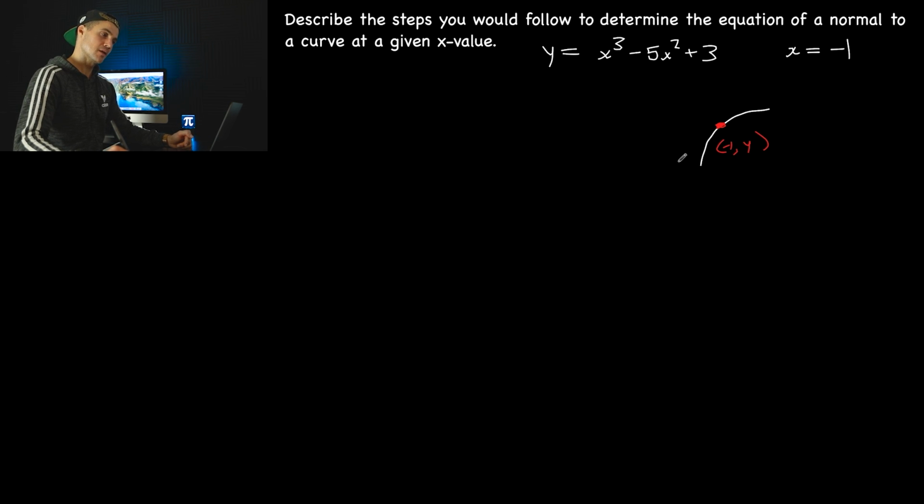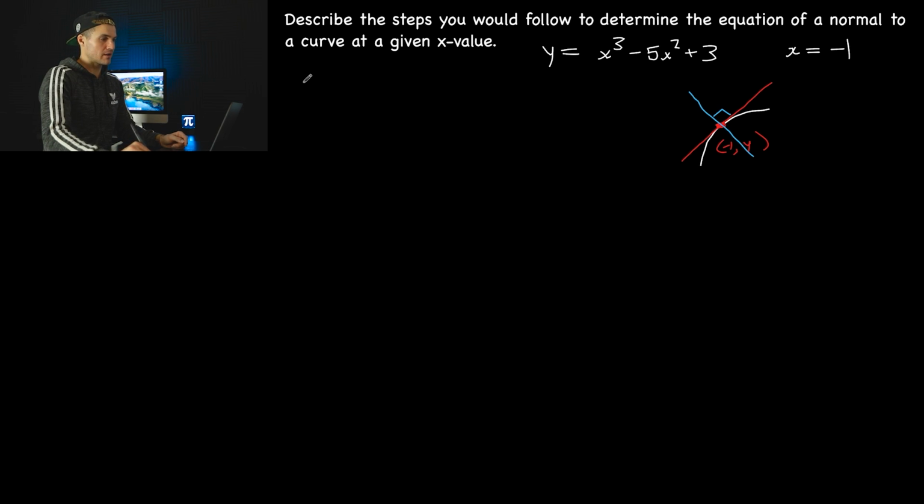If we have a tangent like that, this red line is the tangent, we're going to have to find the normal line, which goes through that point as well. However, it's going to be perpendicular to the tangent. And we have to find the equation of this blue line, the equation of the normal on this curve at this specific point, at this x value of -1.